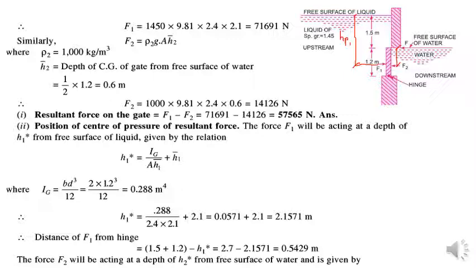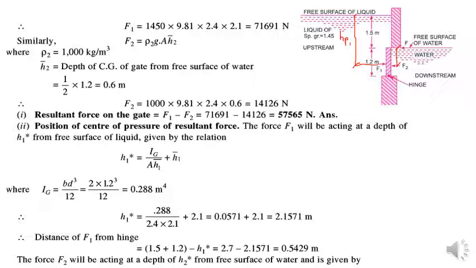In the previous results, we had only the physical quantities. In quantitative form, we got results like F1 and F2. We did not know the point of application of these hydrostatic forces on the upstream side and downstream side.